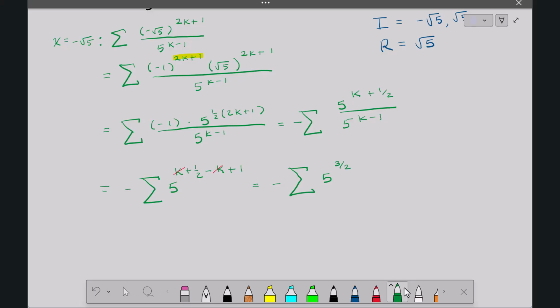Now, this series is going to be divergent. Let me make sure it's clear why. This is a constant, so it could factor to the front. And when we factor that constant out, we're left with a 1.